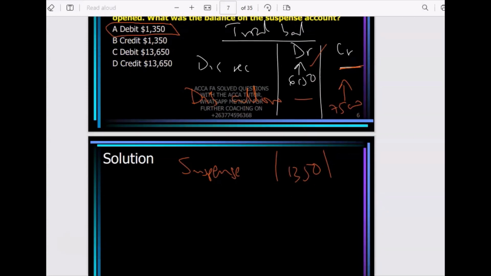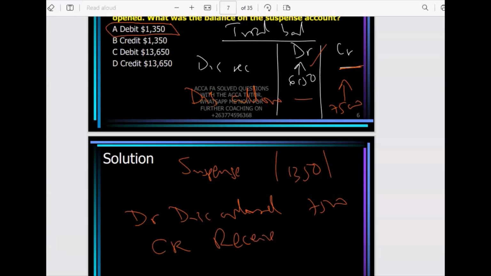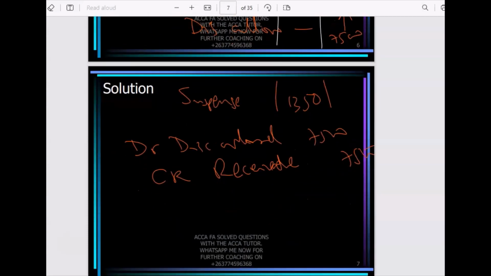In this case, we had debited discount allowed, because this is an expense. Discount allowed expense 7,500, and credited the customer receivable 7,500. This is what we had done in the initial part of the transaction.